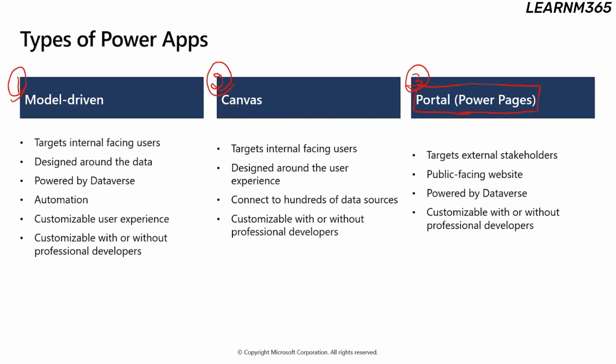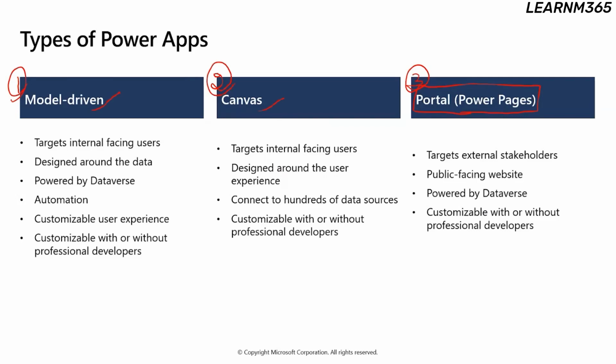So we would be covering this Power Pages separately. However, the main Power Apps which we need to understand within the Power Apps platform are model driven app and Canvas app. So what are the pointers around these two types of application?